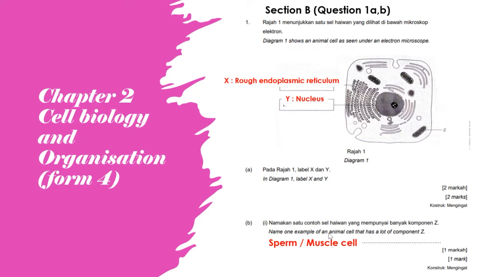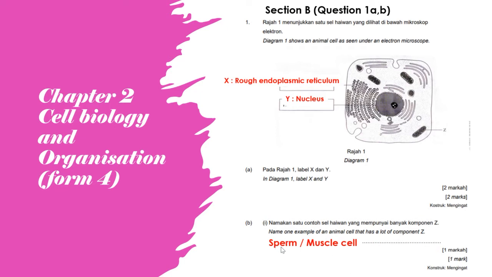So we go to question B. Name one example of an animal cell that has a lot of component Z. Z we already labelled as mitochondria. So you have to name only one animal cell that has a lot of mitochondria.